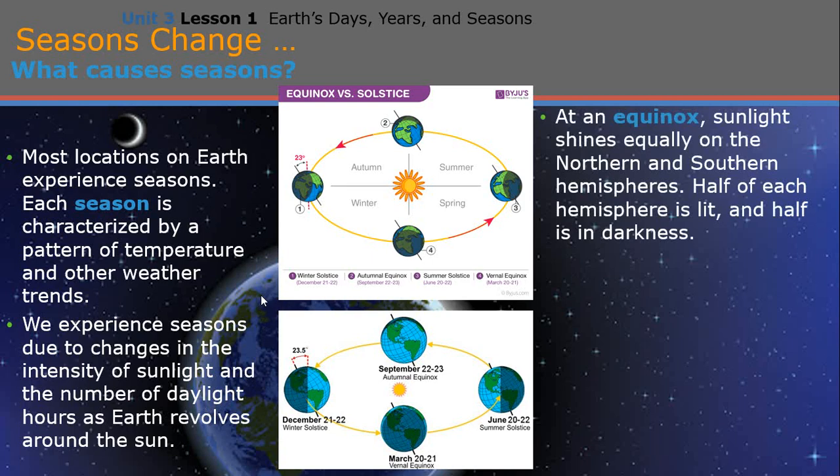As I told you, at an equinox, the sunlight hours are exactly the same. The Earth is not tilted towards the sun or tilted away from the sun. So the daylight hours are exactly equal to the nighttime hours. And so I spend 12 hours day, 12 hours night, and I have moderate temperature and moderate weather conditions.